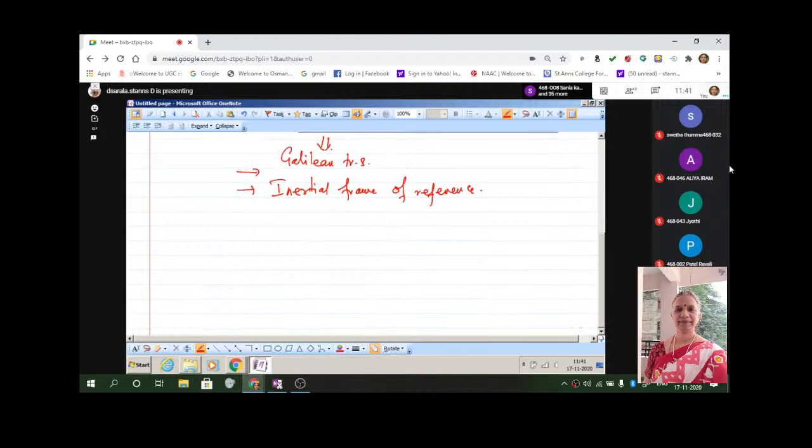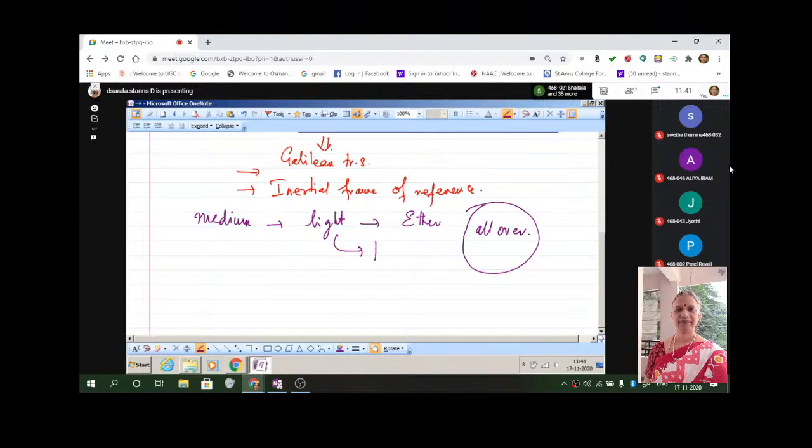All these were required. If they can think of a medium for light, initially they thought there was a substance, ether, which was present all over, and light is passing through ether.